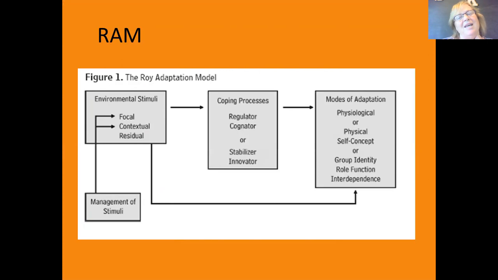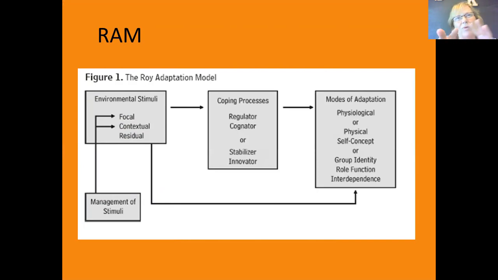And through the activation of those coping processes, 4 different modes of adaptation are possible. Any individual or group can have 1 mode of adaptation, 2, 3, or all 4 may be involved in a situation. For an individual, the modes of adaptation were physiological, self-concept, role function, and interdependence.